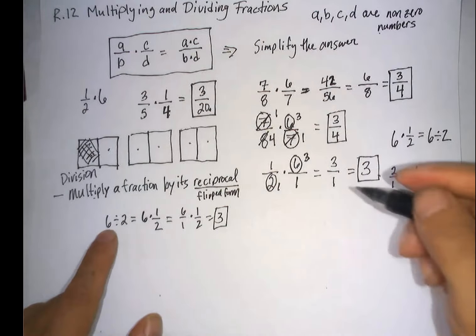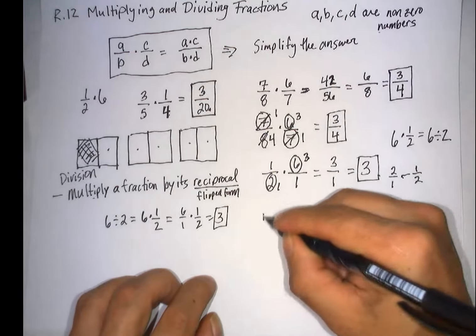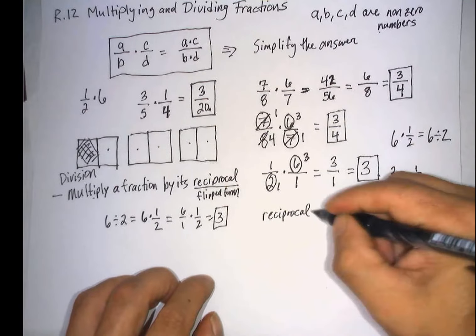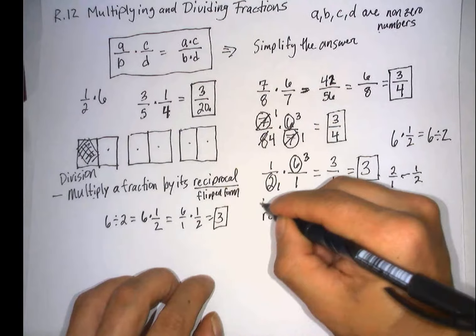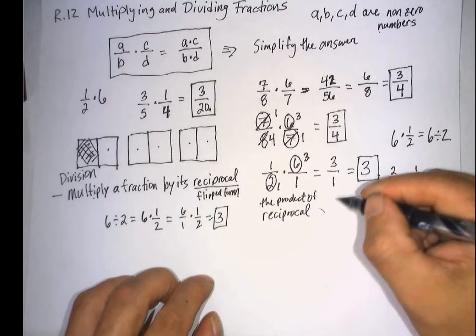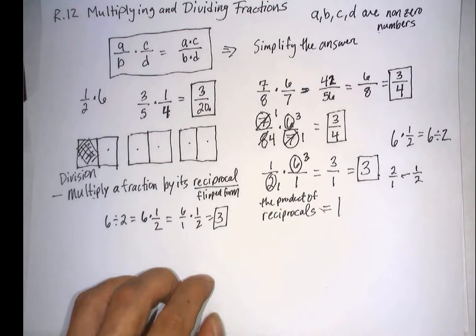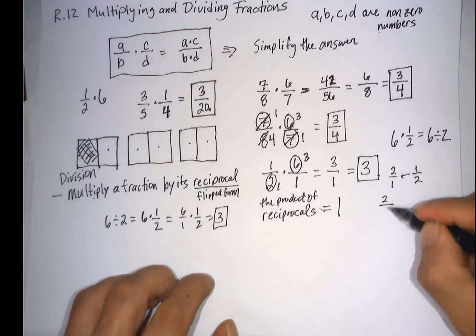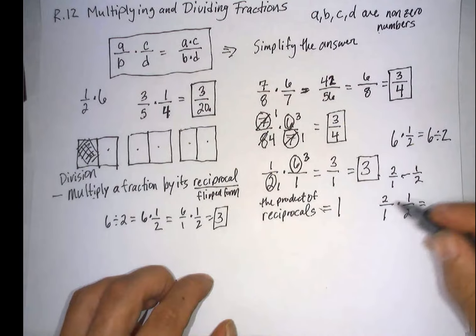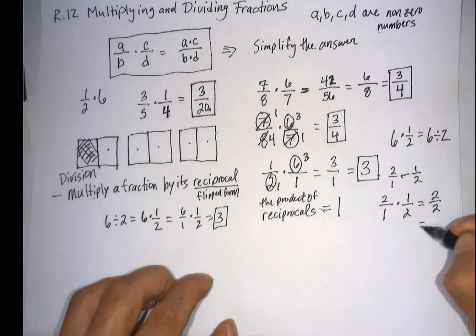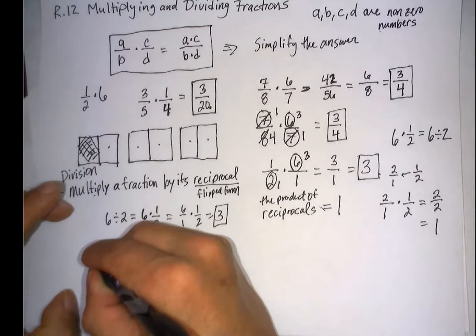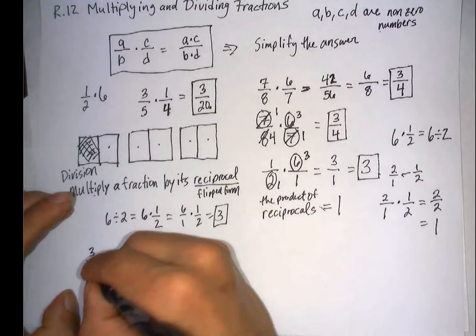Now, one thing about reciprocals: the product of reciprocals is always 1. Notice that I have 2 over 1. The reciprocal of 2 over 1 is 1 over 2, and when we multiply them together, we get 2 over 2, which is 1. So to divide a fraction, let's say I want to take 3/4 and split it in half.